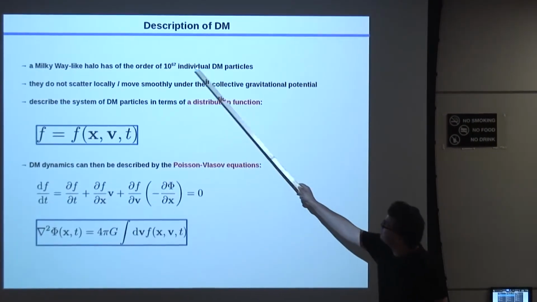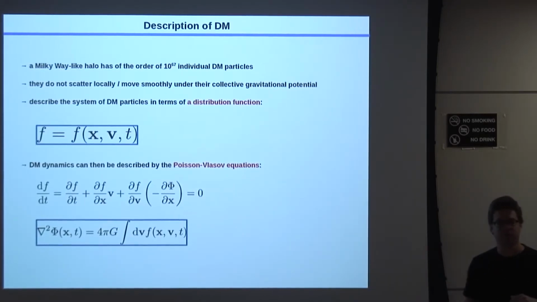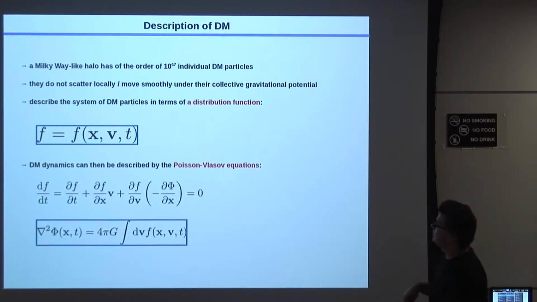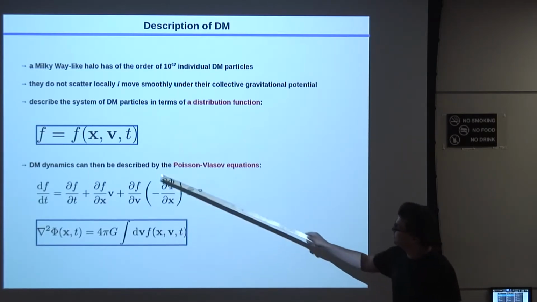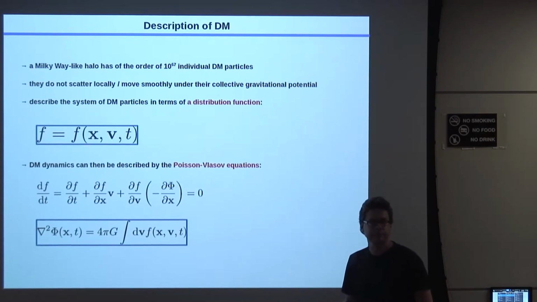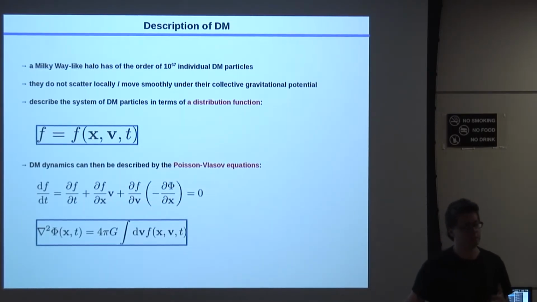Given that you have this large amount of particles, each particle essentially moves within a collective potential. So there's no two-body scattering happening between them. All the particles make up a collective potential, and then the individual particle moves through this sea of other particles. That means that if you take a distribution function in phase space, which depends on the position, the velocity, and time, then this distribution function has to obey the Vlasov equation, or the collisionless Boltzmann equation.